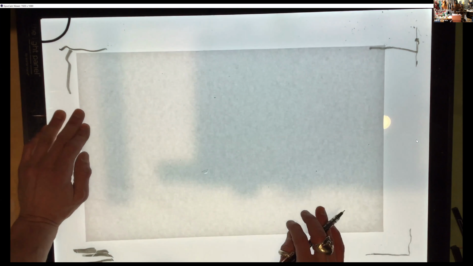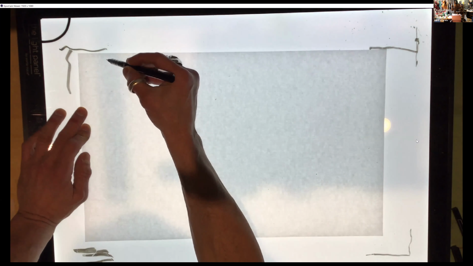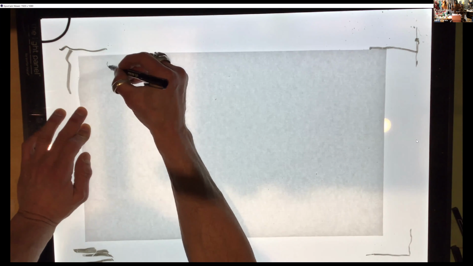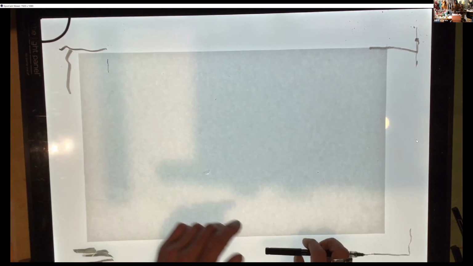First thing you want to do is begin to set up your grid. Don't be afraid to make a mistake and go back and change it.